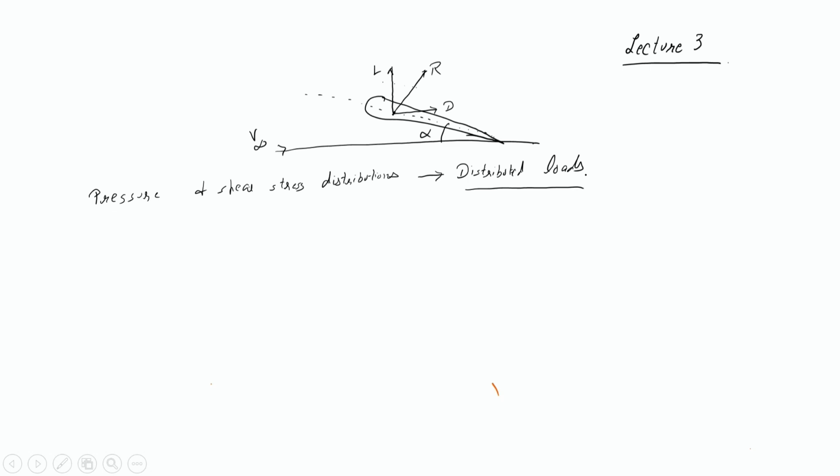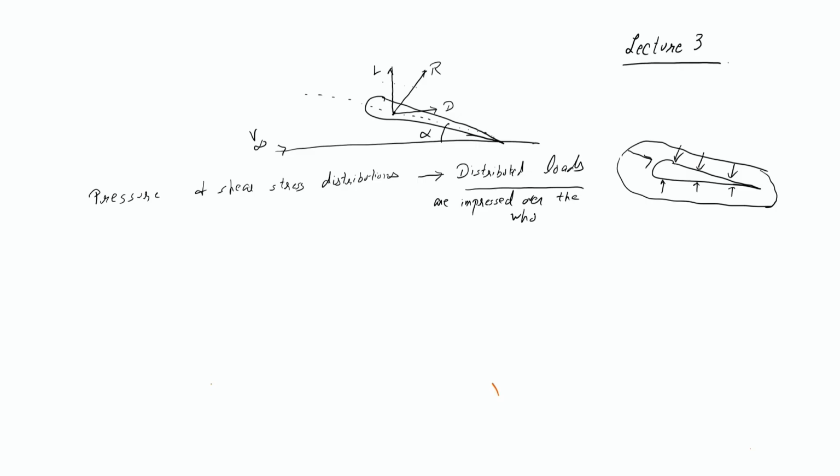Remember, we discussed in the last class as well, these are all distributed loads, where this is the pressure which is acting at different points. These distributed loads are impressed over the whole surface, and the net effect of these distributed loads is the production of the resultant vector.